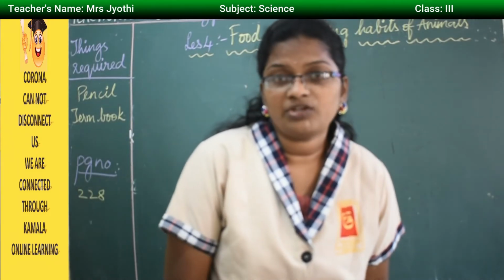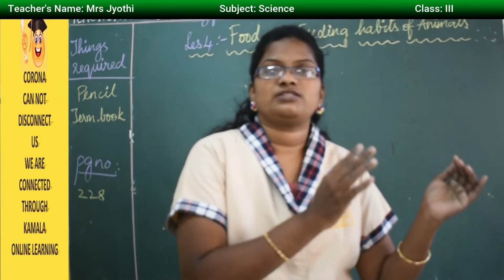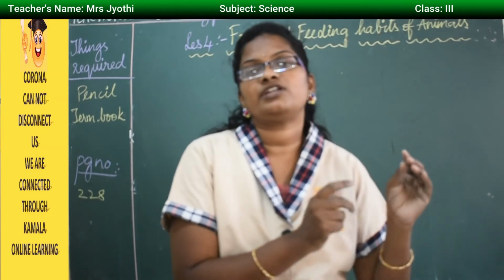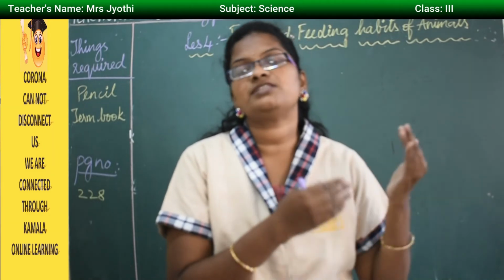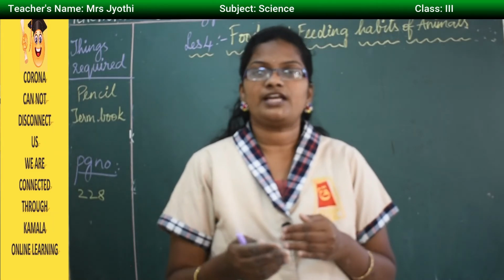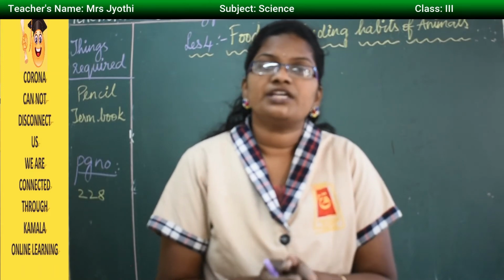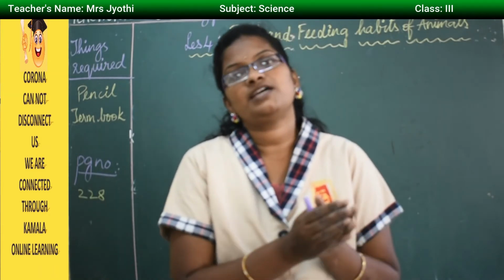So it's not going to eat the plants and all. So few animals eat only plants and leaves, only the plant-based food. And few animals eat the flesh of other animals. They do not eat plants and all. And few eat both plants as well as animals.